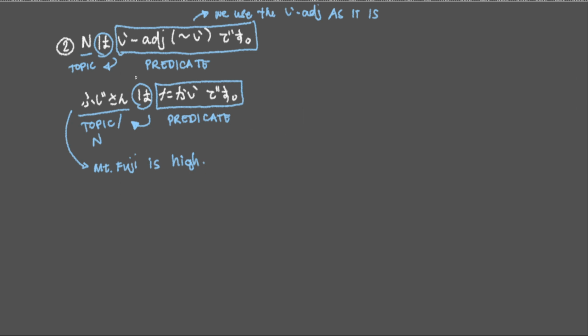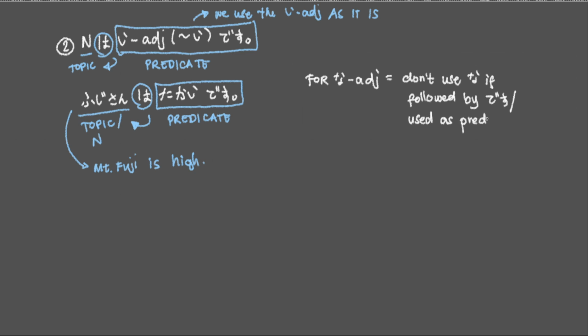So once again, for na adjectives, we don't use na if followed by desu or used as a predicate.